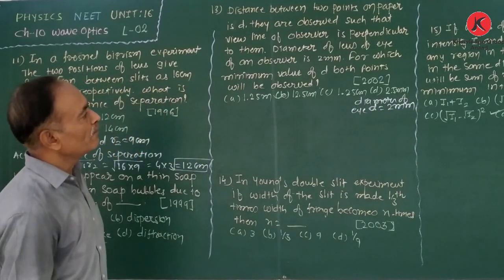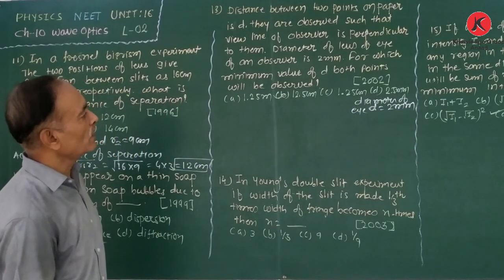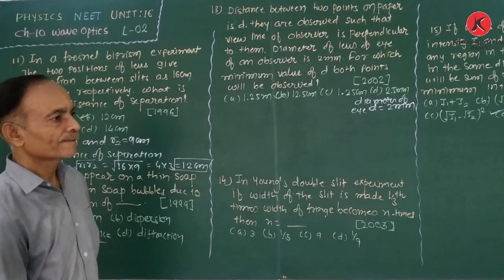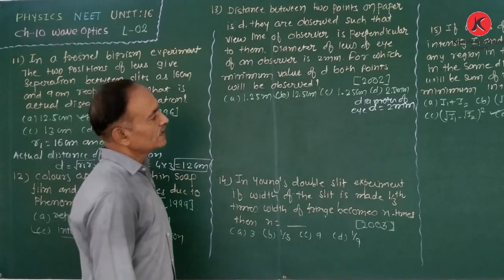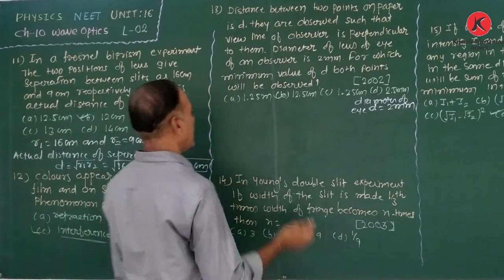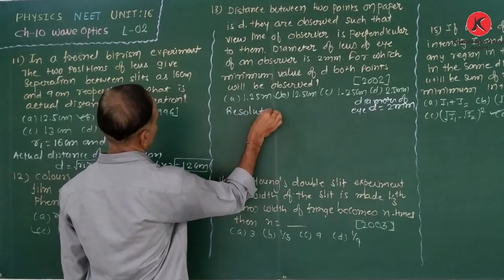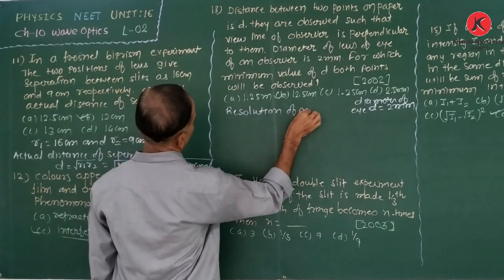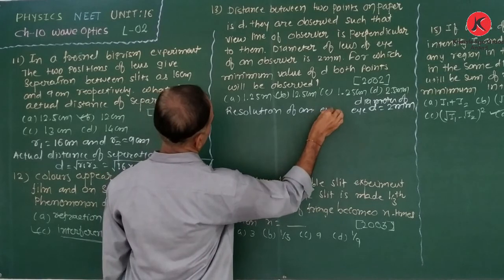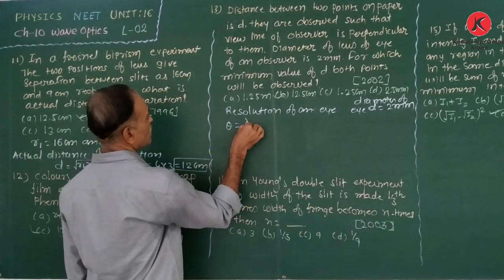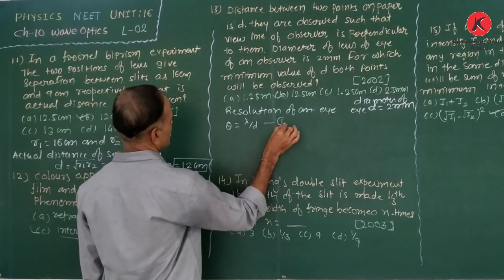For which minimum value of x will both points be observed? Here the resolution theta is equal to lambda upon small d. That is equation 1.